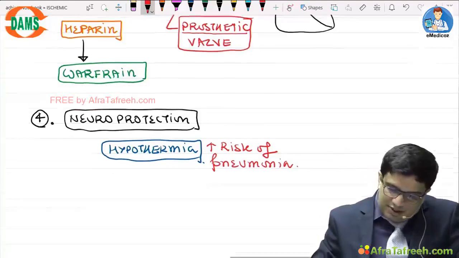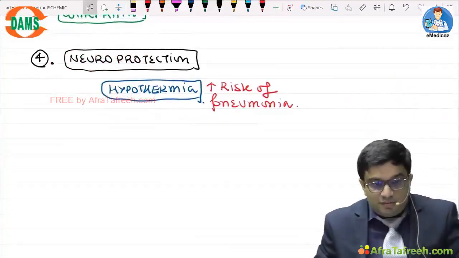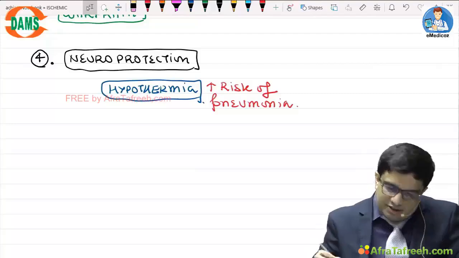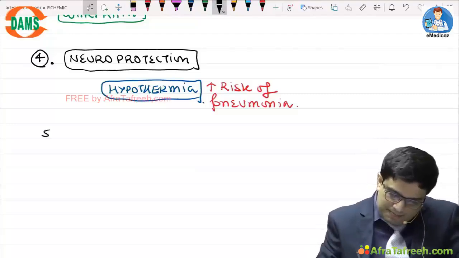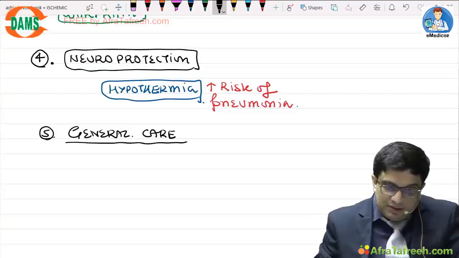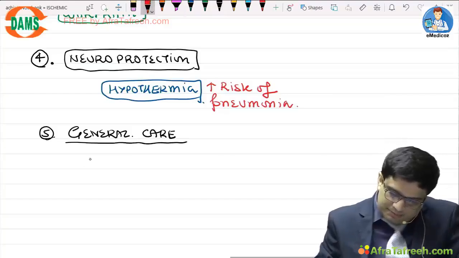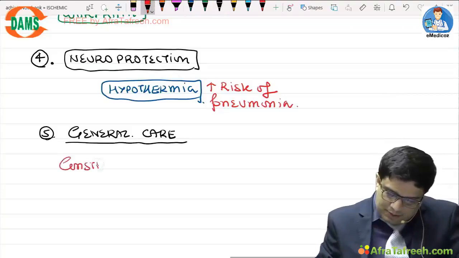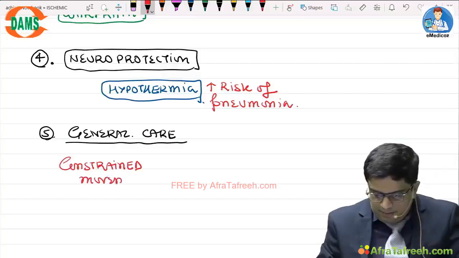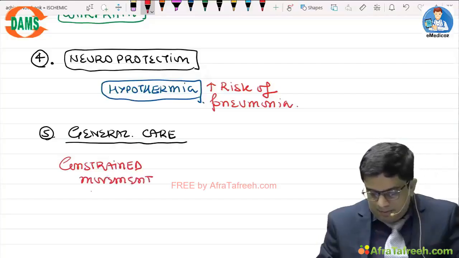Okay, then maybe something for neuronal regeneration. In a journal we can write it here: constrained movement therapy.